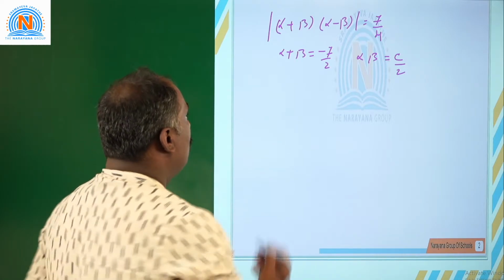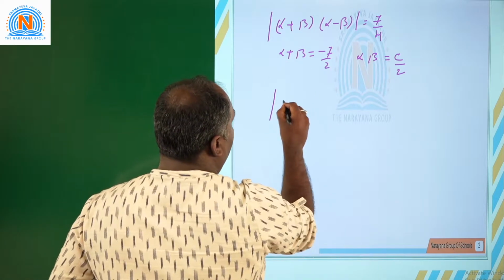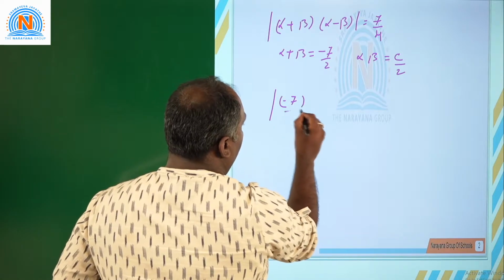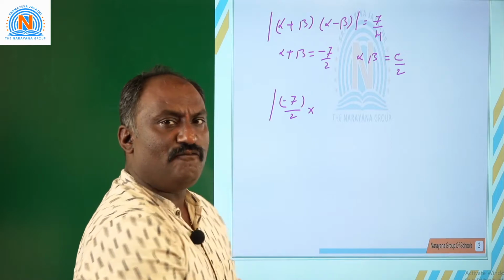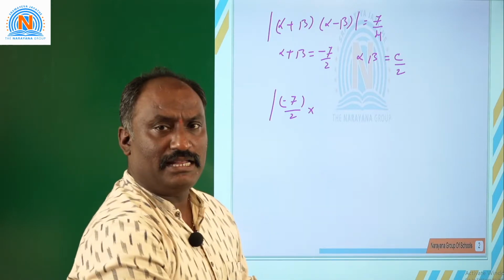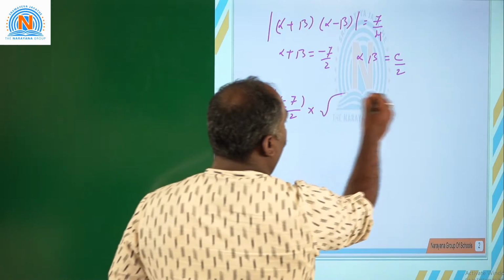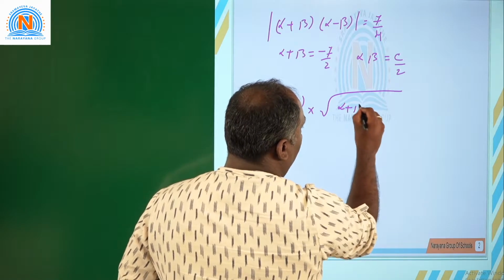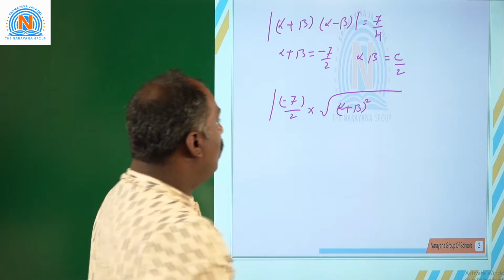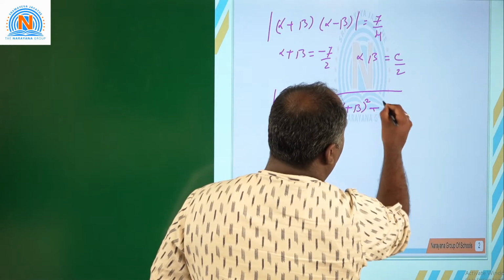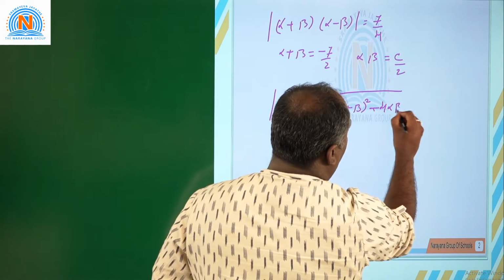We will solve it. So, alpha plus beta we can write as minus 7 by 2 into alpha minus beta. We have a formula that alpha minus beta is nothing but under root of alpha plus beta whole square minus 4 into alpha beta.